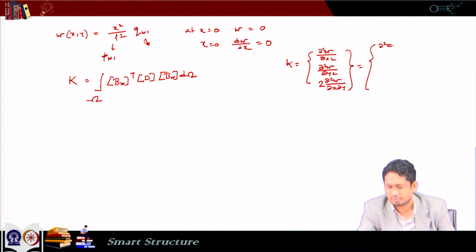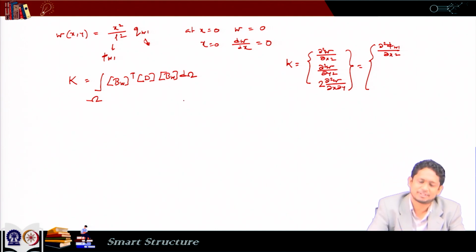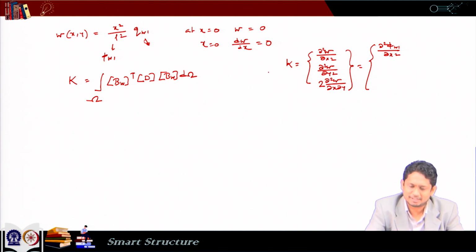del 2 phi W1 by del x 2. This quantity is 0 because phi is a function of only x. So, again it is a very simplified approximation. We are assuming that the W is function of only x.